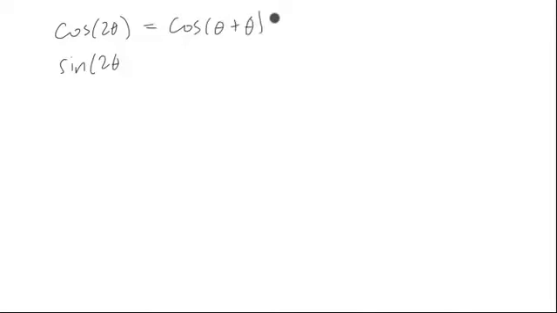Then, if we use the identity for cosine of theta plus theta, introduced in another video, we're thinking of this as two different angles, but they're the same in this case. So we have cosine of theta times cosine of theta, which is just cosine squared, minus sine of theta times sine of theta, so we get sine squared theta.